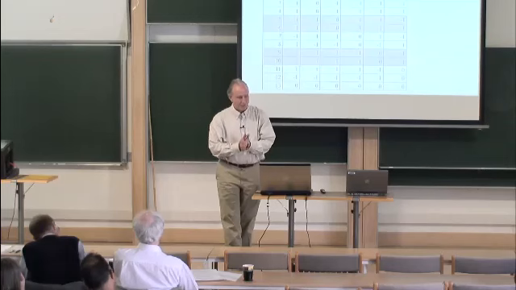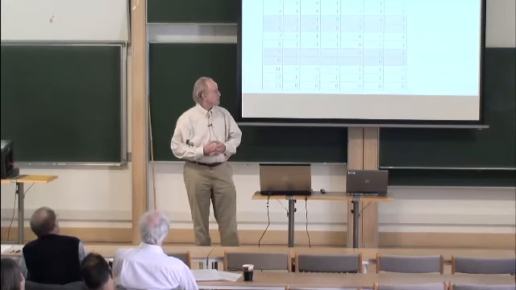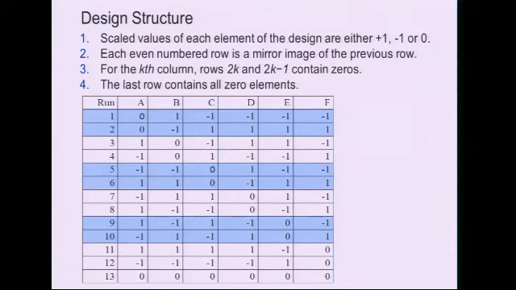So here's a structure that I think is really interesting. You'll notice that every element in this design is either a +1, a -1, or a 0. Now I know that Dennis can't count, but I think he can probably get to 3 from 2.